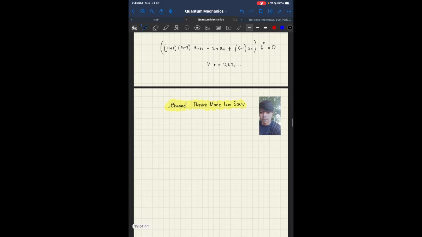This tells you that your aj plus 2, or an plus 2, in this case I'm using the notation n. Griffiths was using the notation j, it's the same thing. 2n plus 1, sorry, minus k.